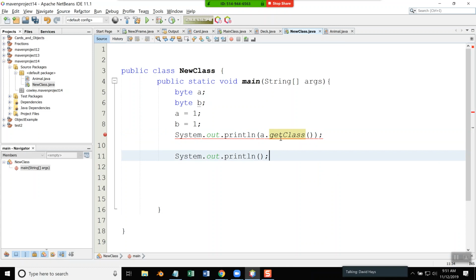See, it doesn't appear to work on primitives. Oh well, I'll just trust them.